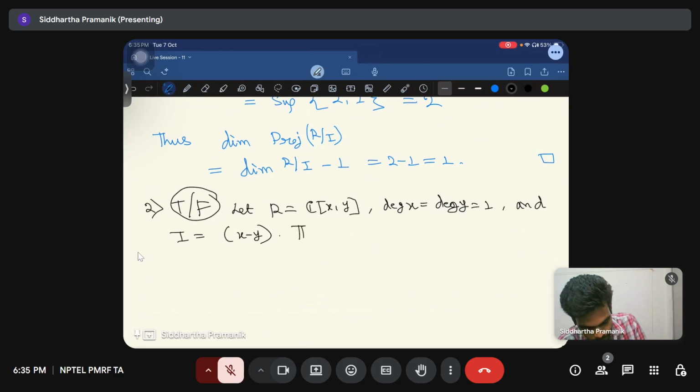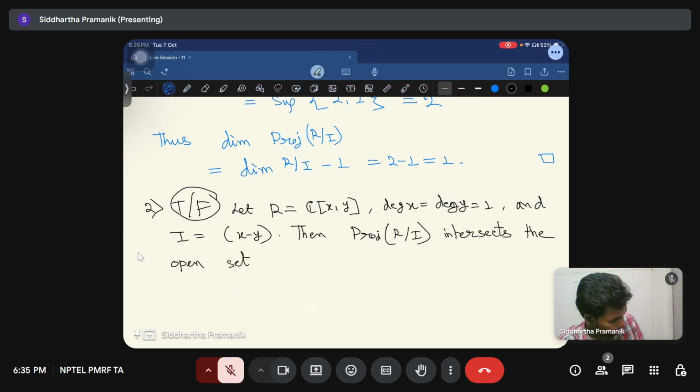Then this Proj of R mod I intersects the open set U of y, which is basically a subset of the one-dimensional complex projective space.